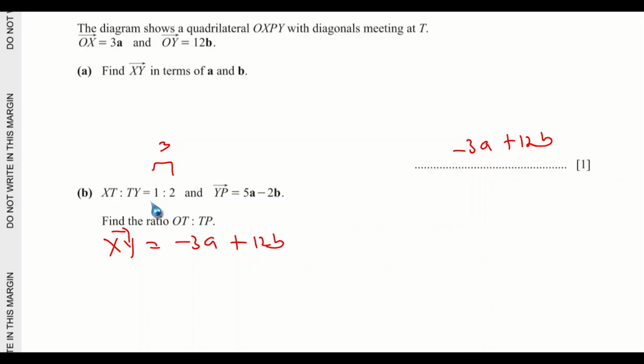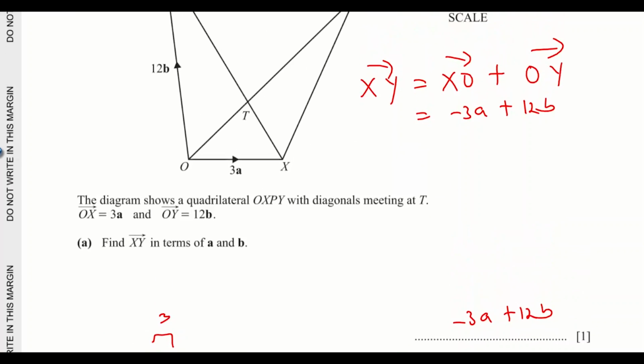So we can start from the given ratio. Since XT ratio TY is 1 to 2, we can actually find XT, and we can actually find TY. The total ratio will be 3, so that means XT equals 1 over 3 of the whole line, which is XY.